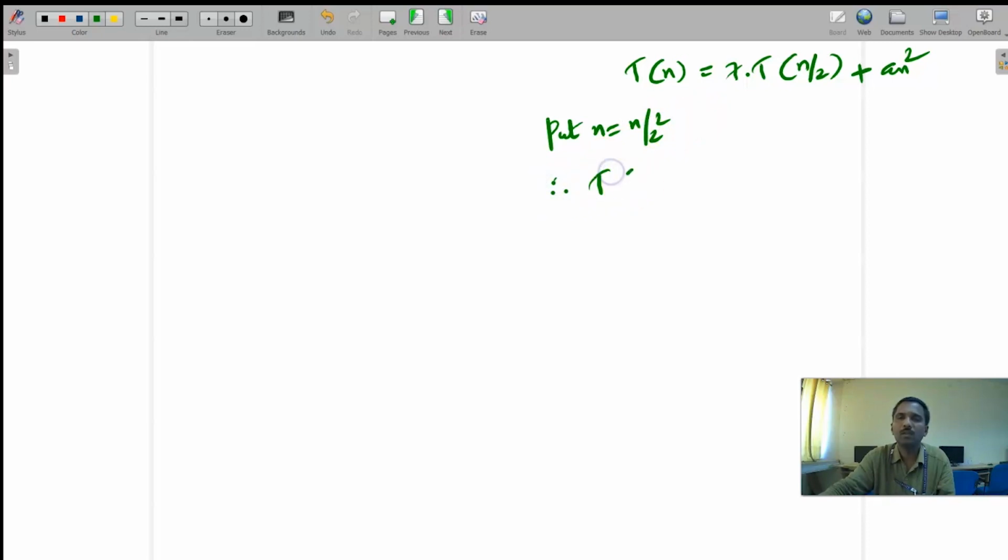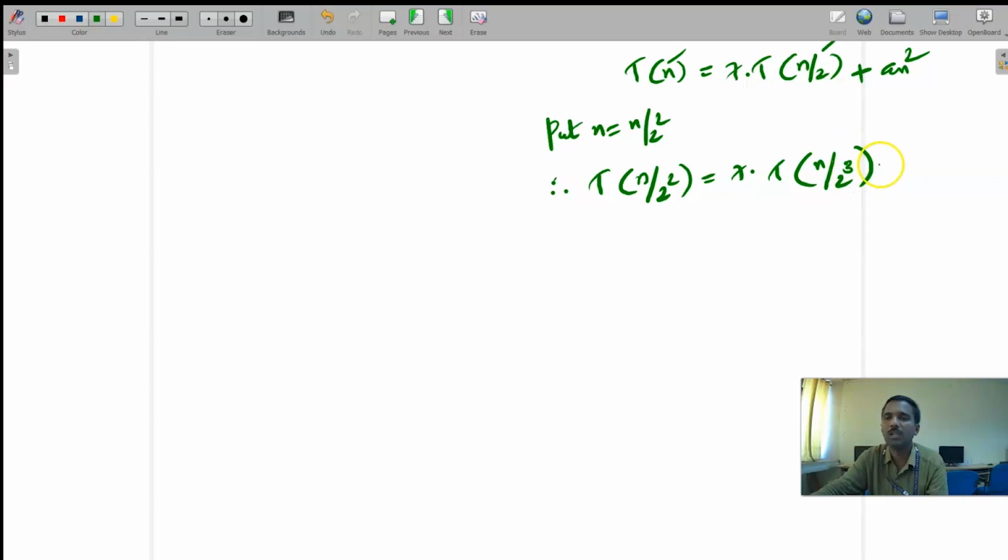Therefore, T of n by 2 power 2 is equal to 7 into T of n by 2, if n is halved, so n by 2 power 2 by 2 becomes n by 2 power 3, plus A into n square, that is n by 2 power 2 the whole square. Just n is replaced by n by 2 power 2, that is n by 4 actually. So you will get A into n by 4 the whole square.